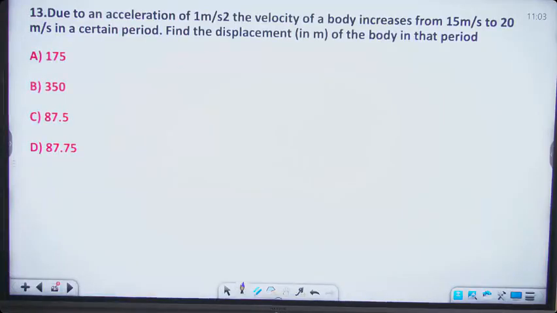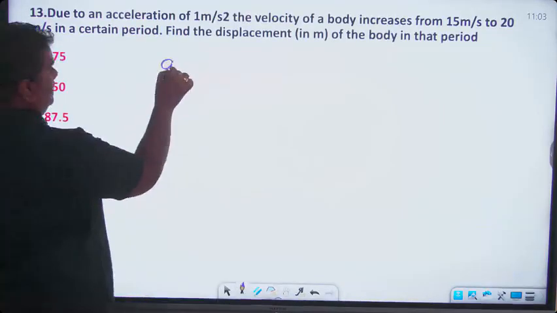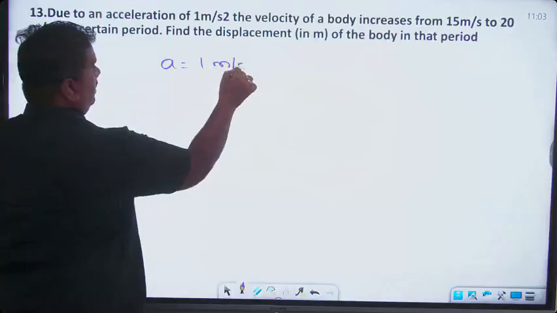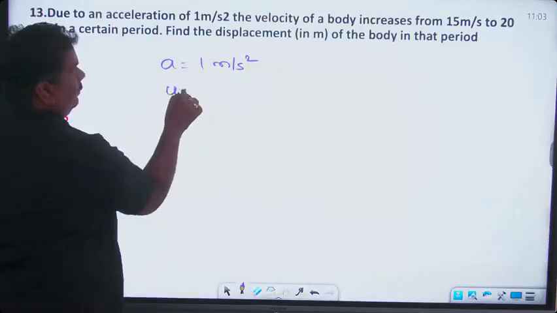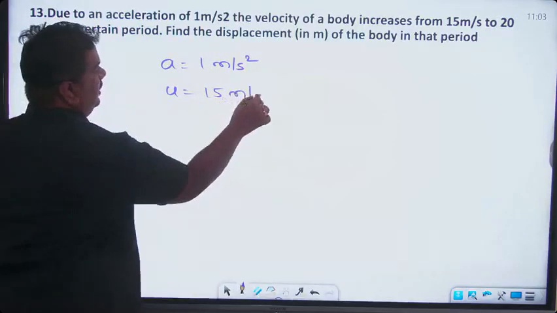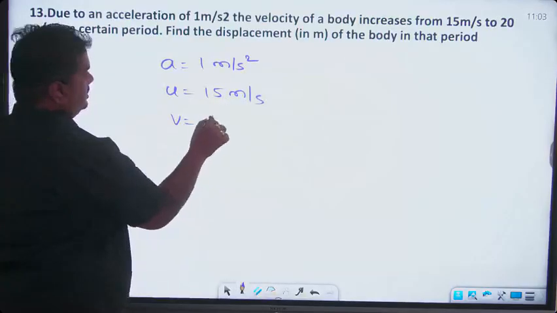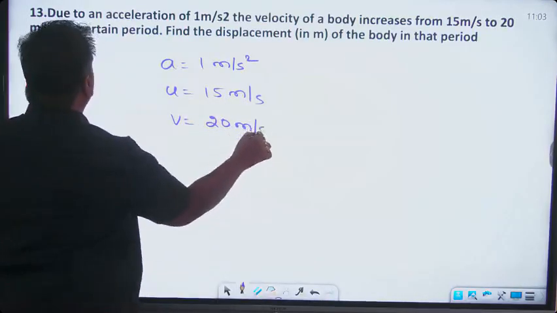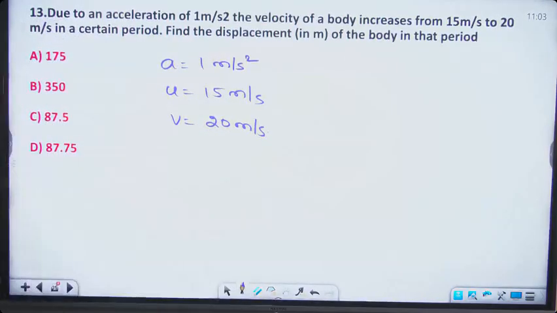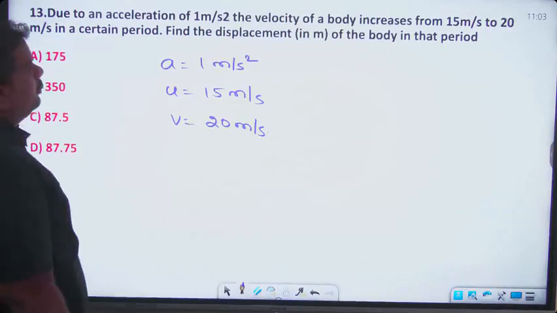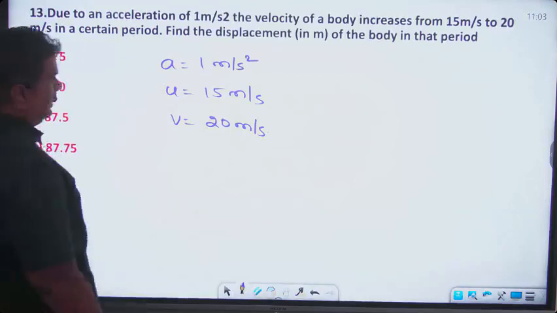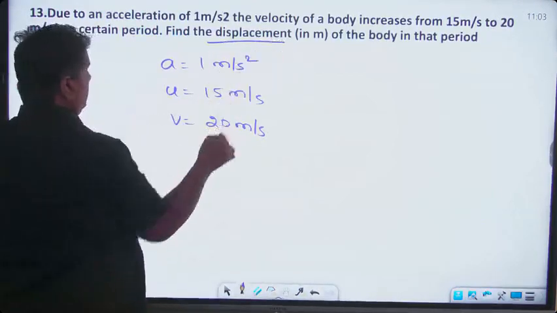Due to an acceleration of 1 meter per second square, the velocity of a body increases from 15 meters per second to 20 meters per second in a certain period. Find the displacement of the object in that particular period. You need to find the value of displacement.